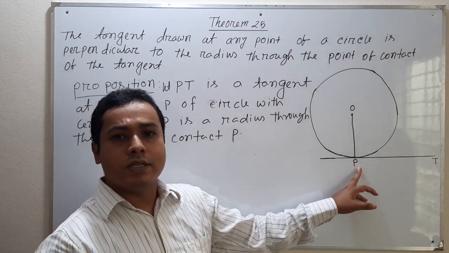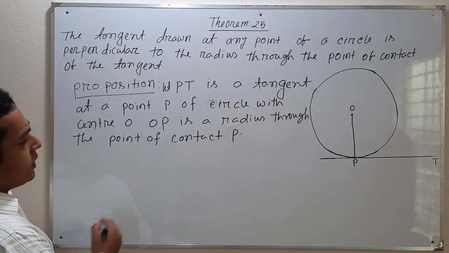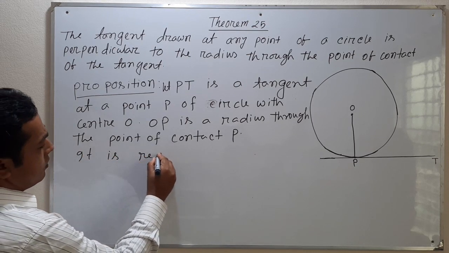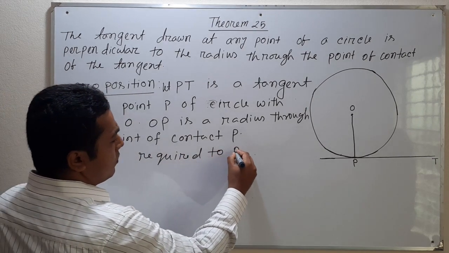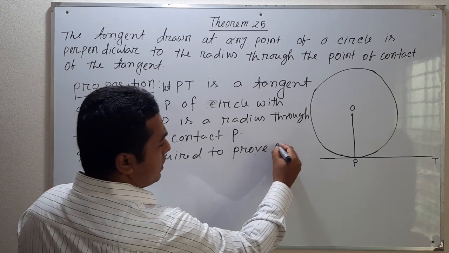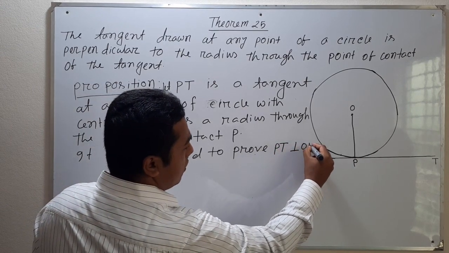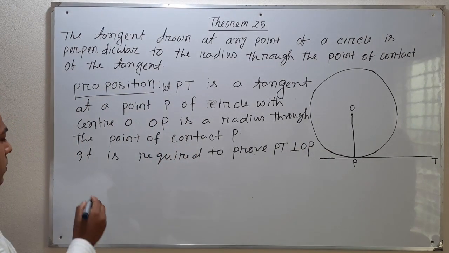That's why P is the point of contact. Okay, it is required to prove PT is perpendicular to OP.